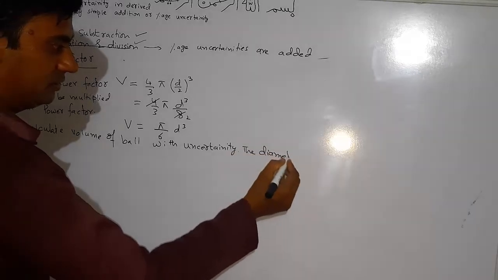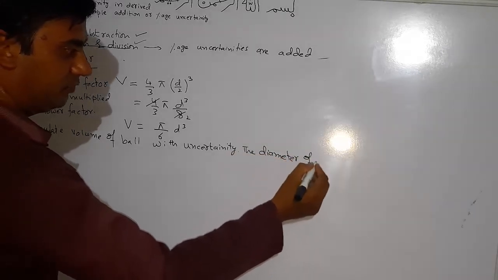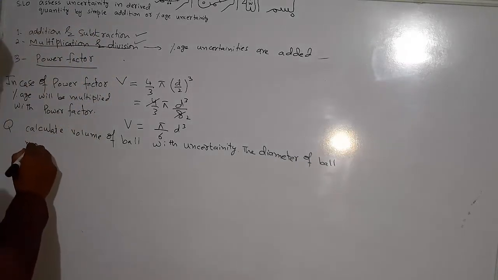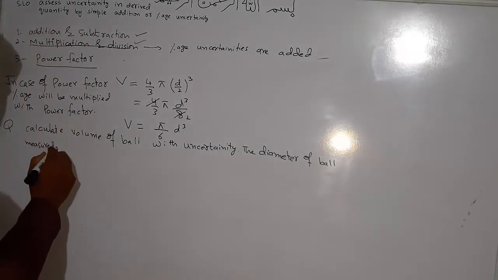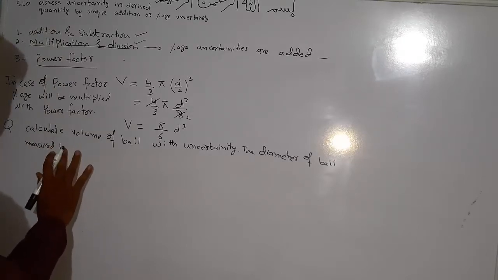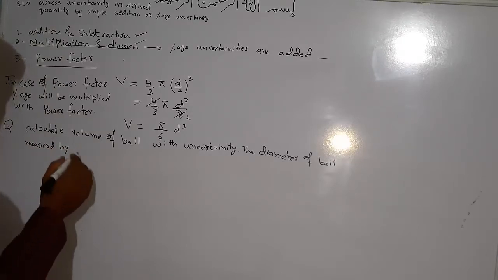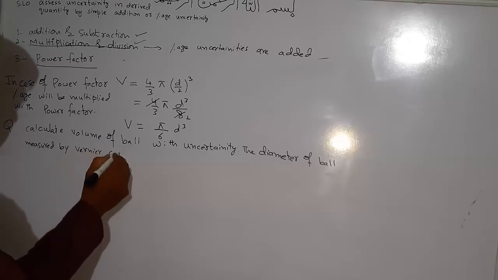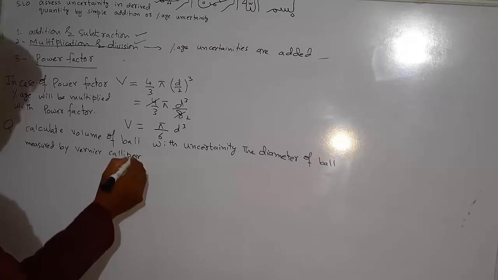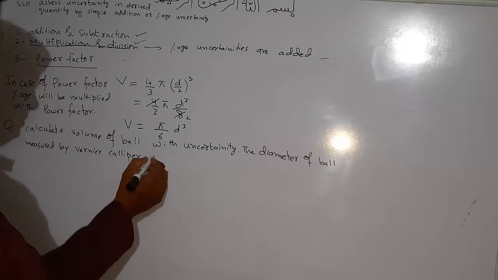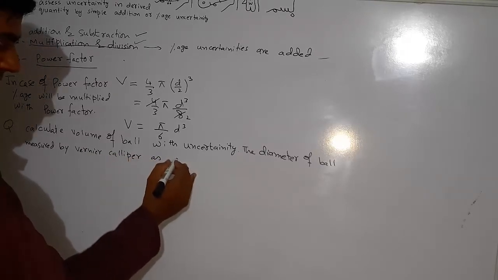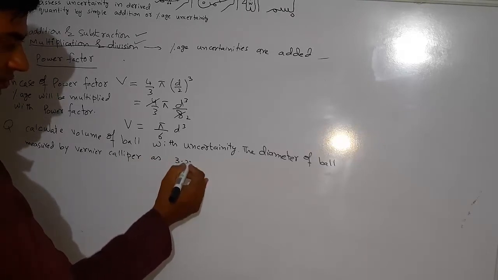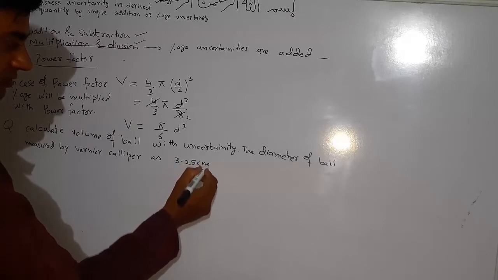The diameter of the ball measured by vernier caliper as 3.25 centimeter.